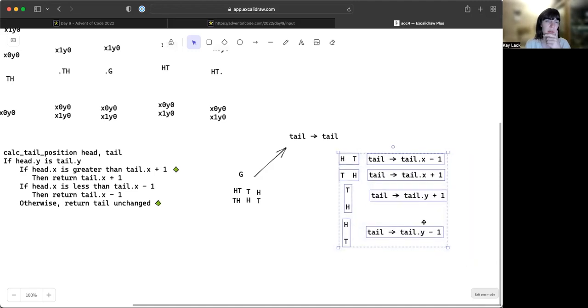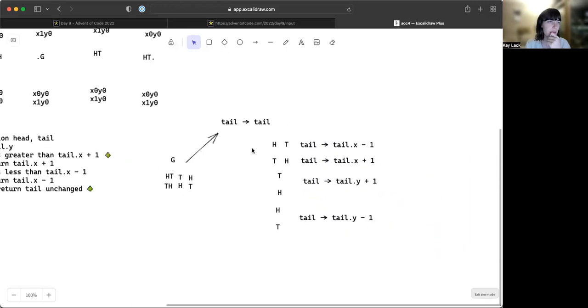So we've got these, and then we've got, where can head go from here?